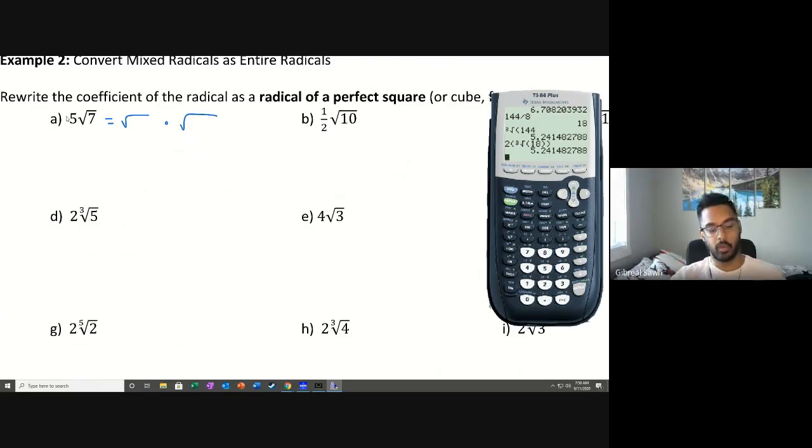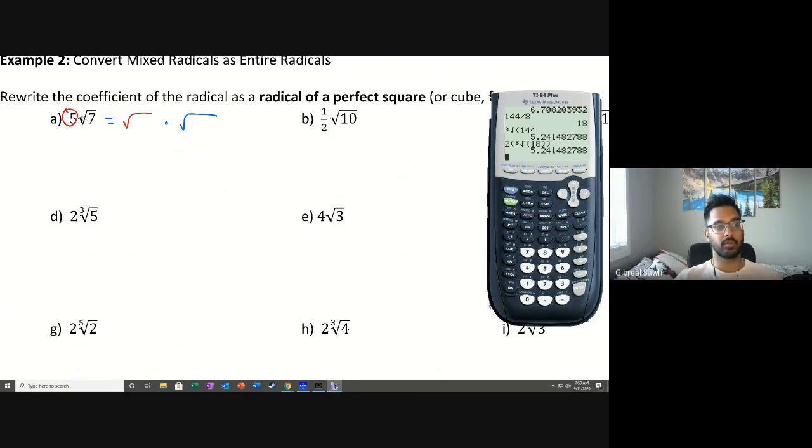So the coefficient, and maybe I'll change colors here. Our coefficient will go under one of the root signs, and our root 7 will go under the other one. Now, when we do deal with this coefficient, right now it's on the outside of a root sign. If I go to place it underneath, I have to make sure I use that index as its exponent.